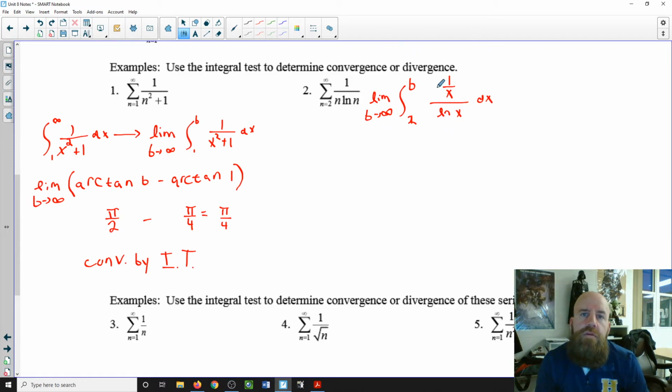So if we use u substitution, we can take the natural log as our u, and our du is right here. So that would turn into that, and we would end up with the natural log of the natural log of x.